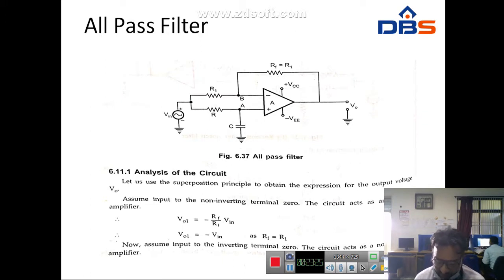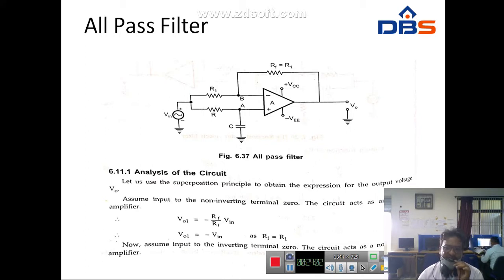Based on that, the all pass filter passes all frequency components of the input signal without any attenuation, but it provides predictable phase shifts, so different phases will be available in this signal.